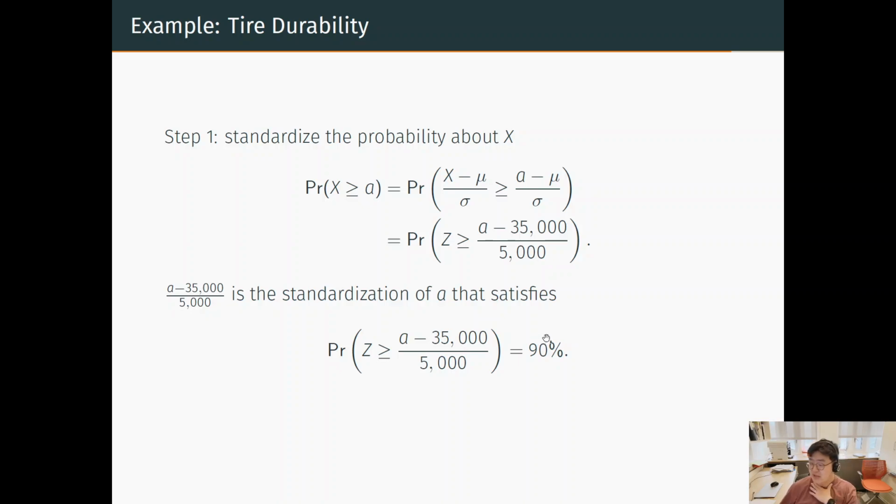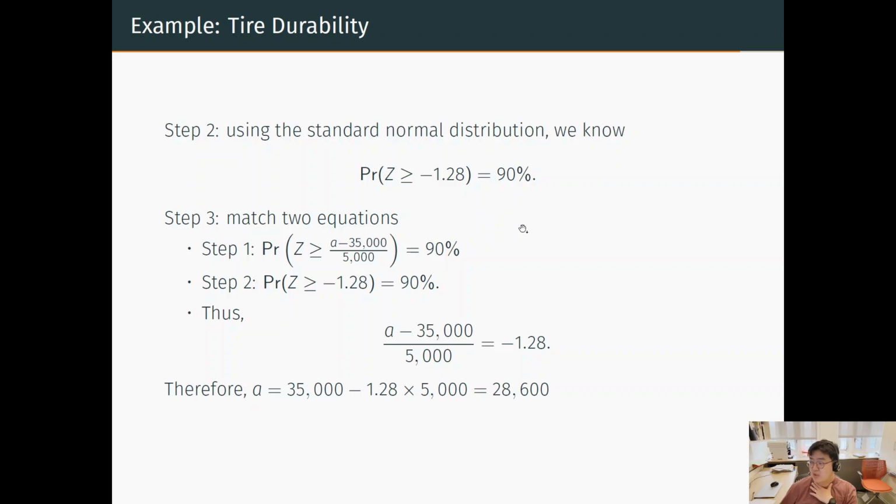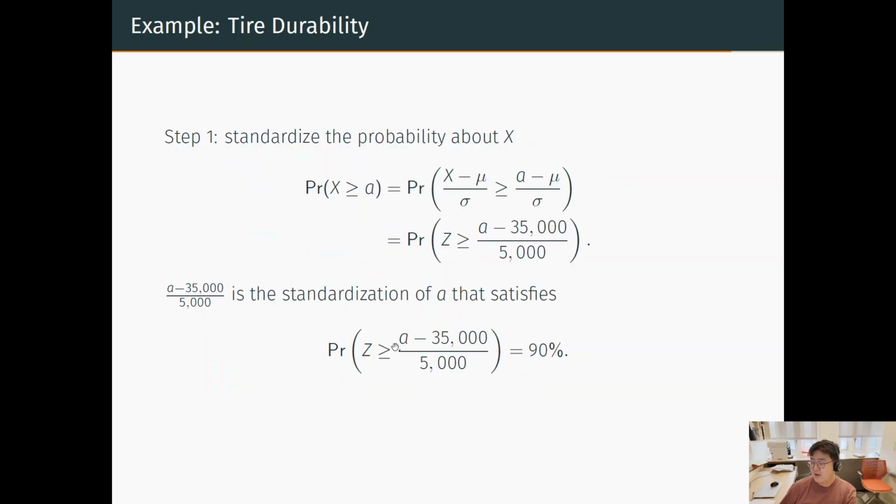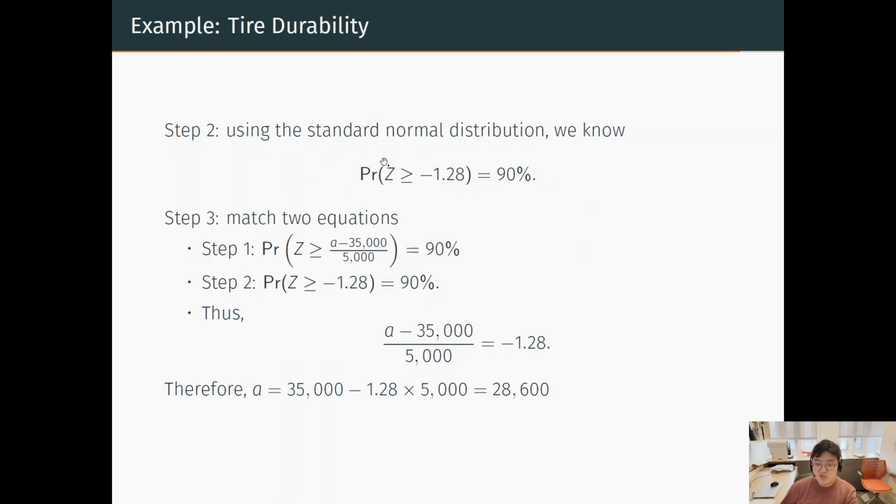Right? So then, we are going to start from Z and 90%. In the standard normal distribution, we know that 90% is given by minus 1.28.